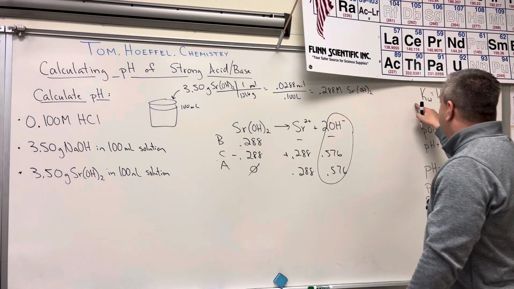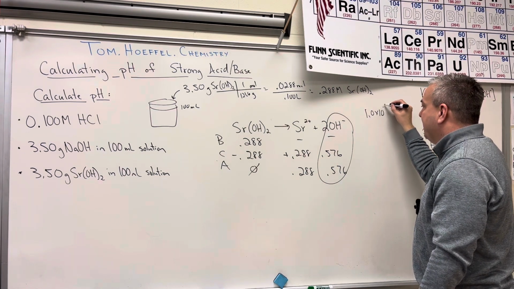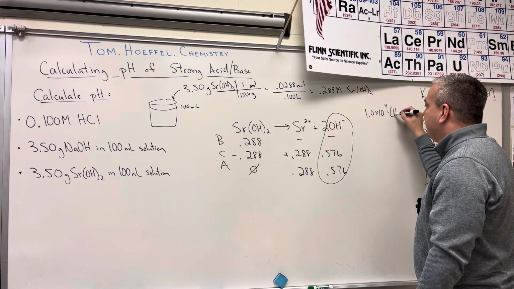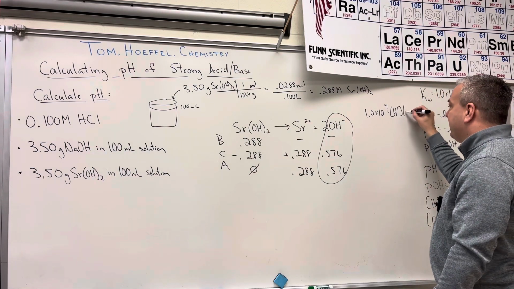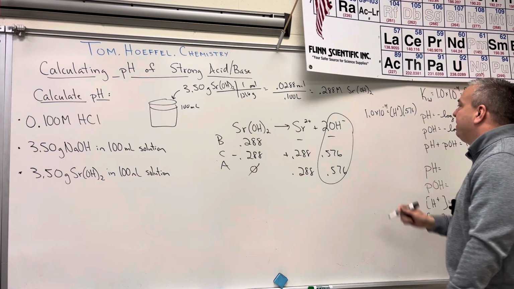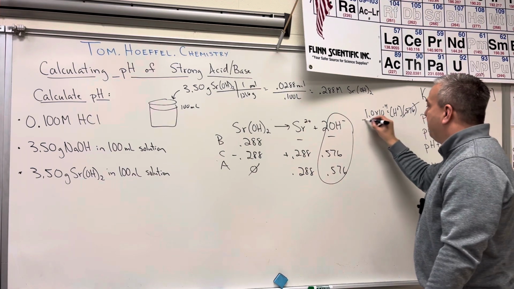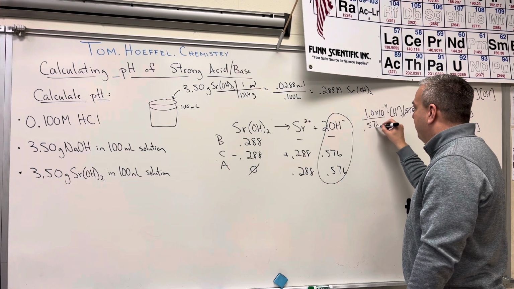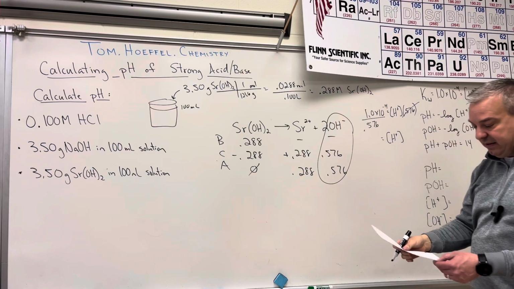And that's by using the Kw equation, which is 1.0 times 10 to the negative 14 equal to the concentration of protons times the concentration of hydroxide ions. And that's coming out to 0.576. So I'm going to divide by 0.576 on both sides, and that will give me the concentration of protons.